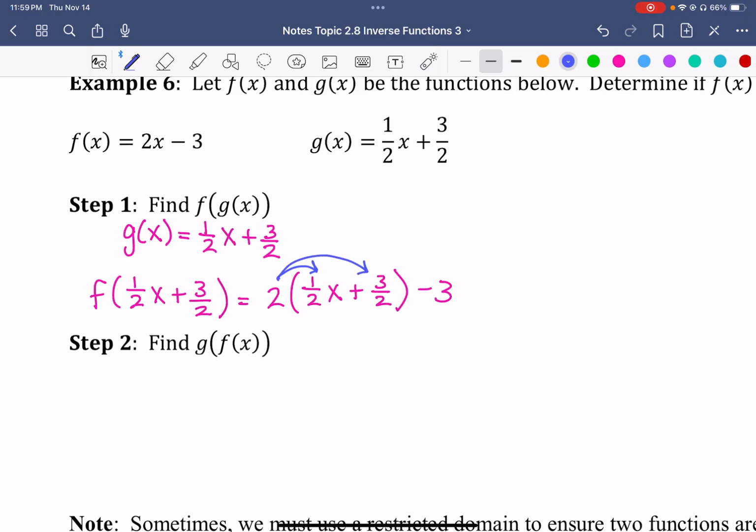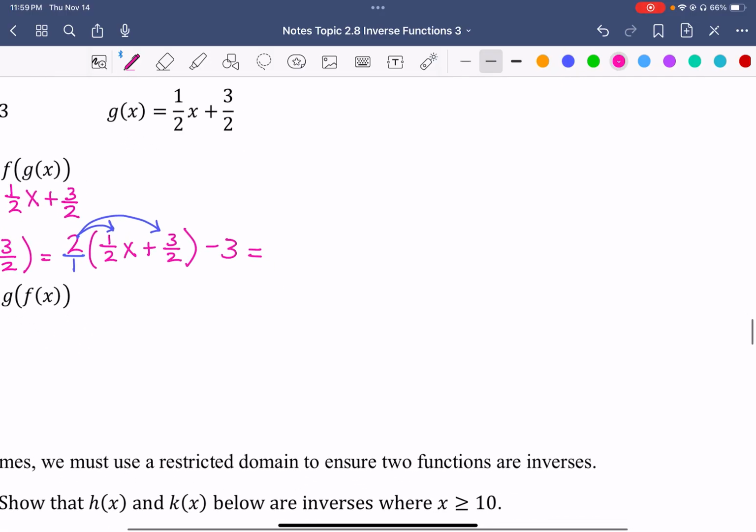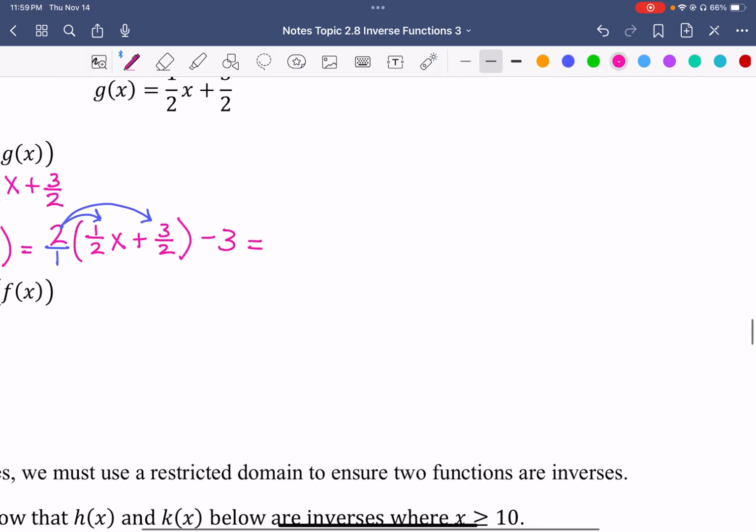Now I see that I'm distributing into fractions. To multiply fractions easier, what you could do is change the whole number to be divided by 1. And I'm going to break it up a little further than I normally would. If you know how to multiply fractions, you do not need to do it in this much detail. This is just to break it down for kids who really struggle with multiplying fractions without a calculator.